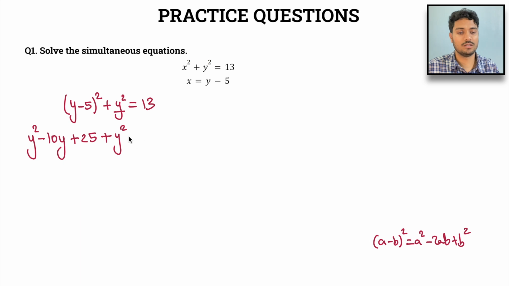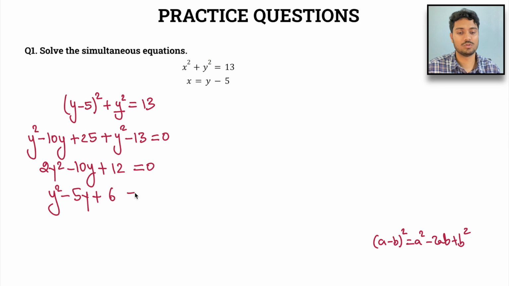We can transpose 13 to this side and write minus 13 equals 0. So y square plus y square becomes 2y square minus 10y, and 25 minus 13 is 12, equals 0. Now we can divide the entire equation by 2 because 2 is a common factor. So we can write y square minus 5y plus 6 equals 0.